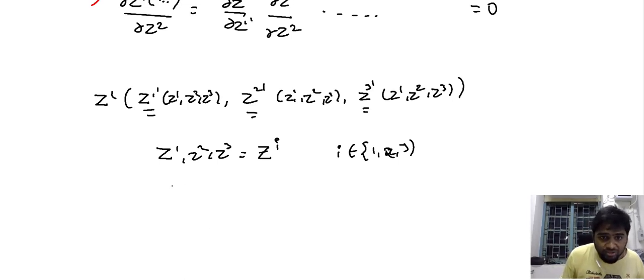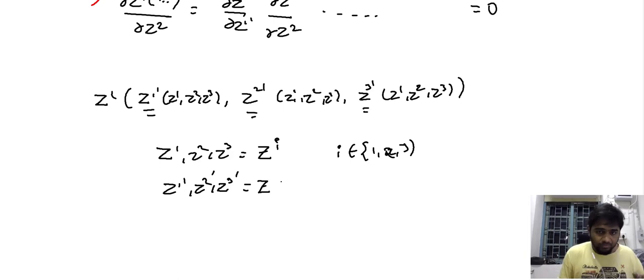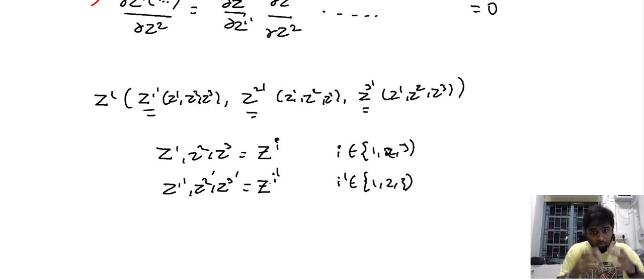The same can be extended for z1 prime, z2 prime and z3 prime. The corresponding variable can be zi prime, and again depending on the value the i prime assumes, the z will represent the corresponding coordinate of the system.